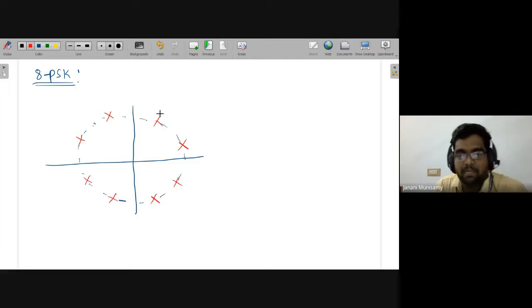So this is the 8 PSK. Now you can easily observe that between the symbols, definitely the distance is minimum. Again, once you increase the radius of the circle, the distance between the symbols may become higher. So what is the main assumption here?